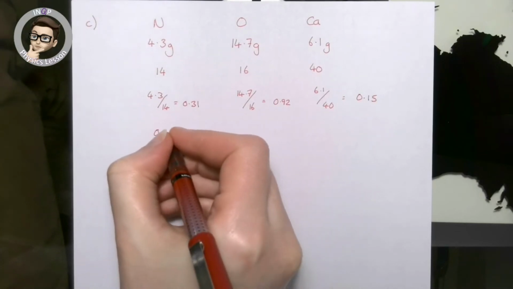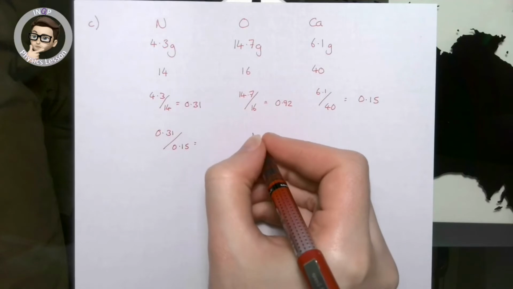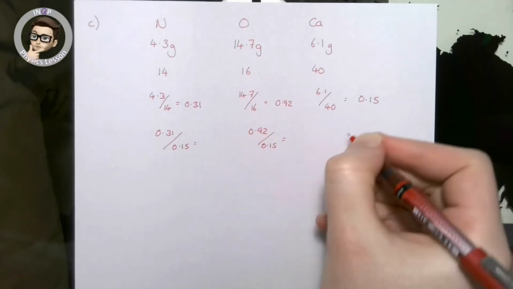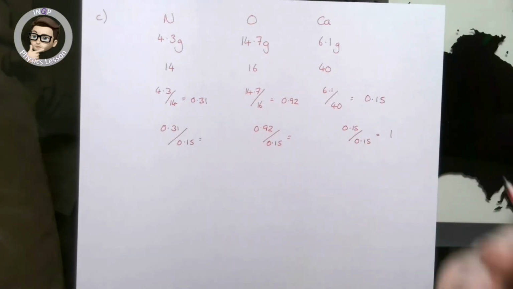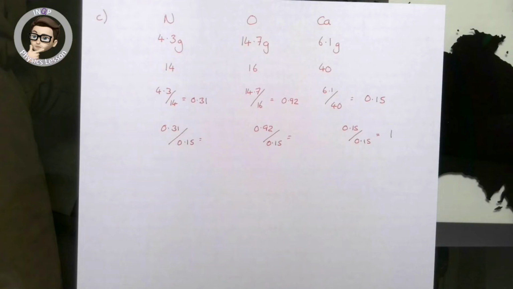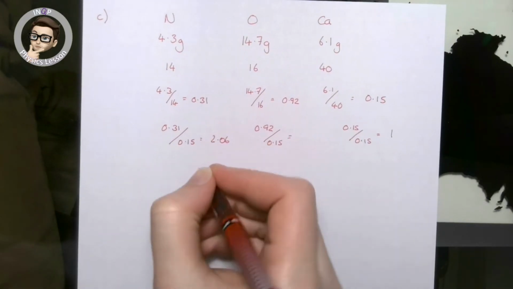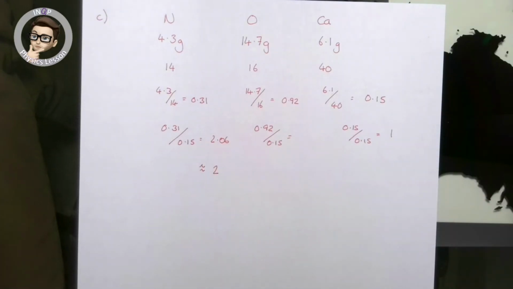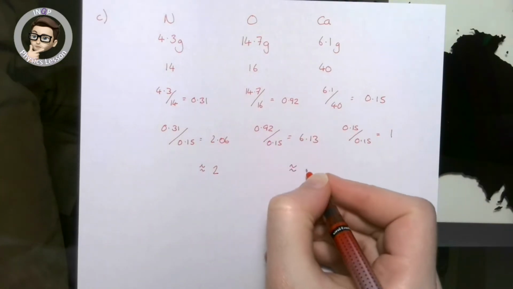So we're going to do 0.31 divided by 0.15, 0.92 divided by 0.15, and 0.15 divided by 0.15, which I know is 1. 0.31 divided by 0.15 gives me 2.06, so effectively 2. And 0.92 divided by 0.15 gives me 6.13. I think we can approximate that one to 6.